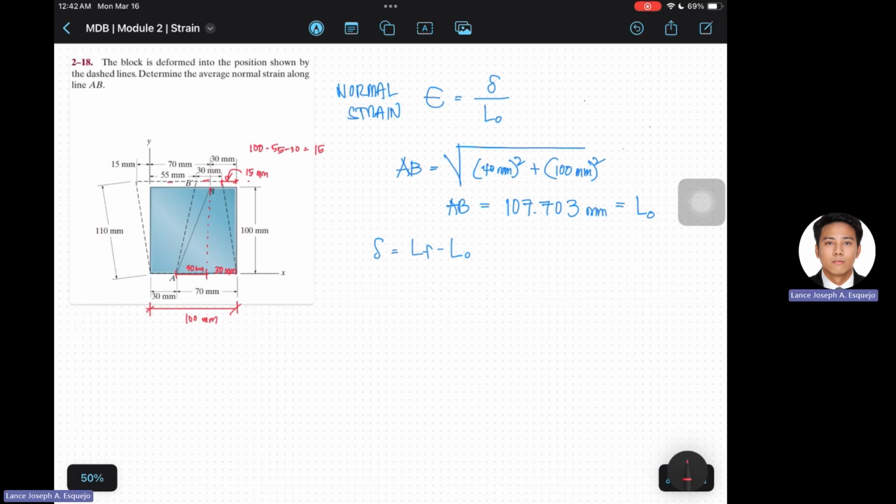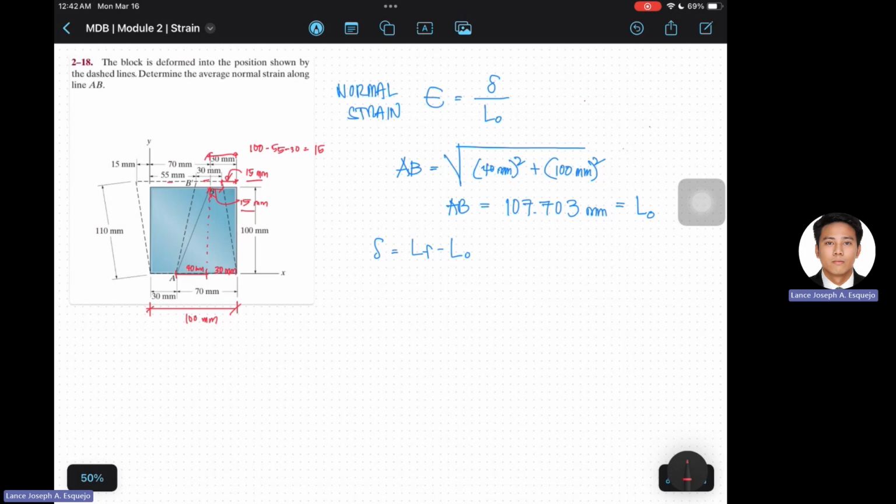So kung ito 15, and then we have 30 here, therefore this portion is 30 minus 15, so that's 15 millimeters also.